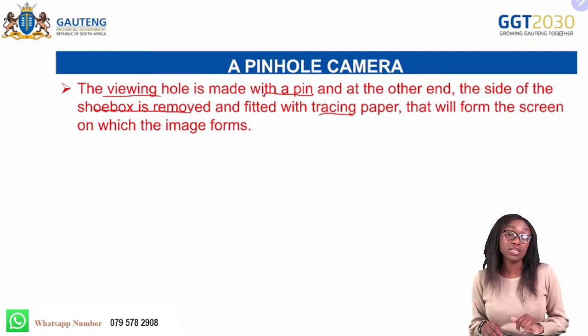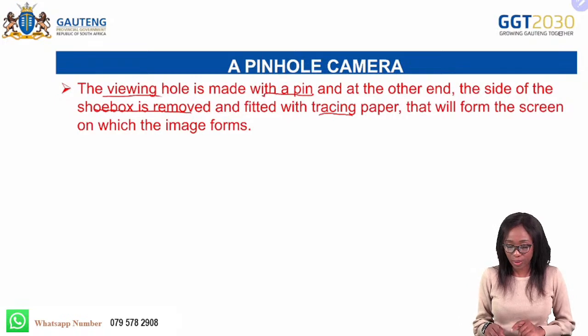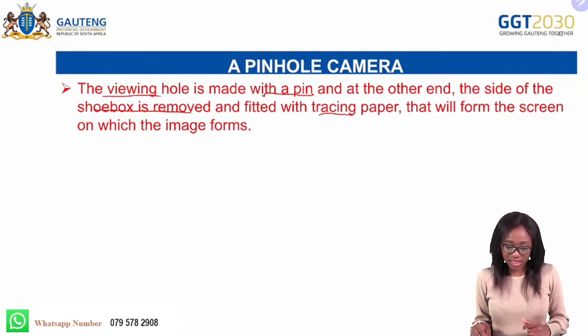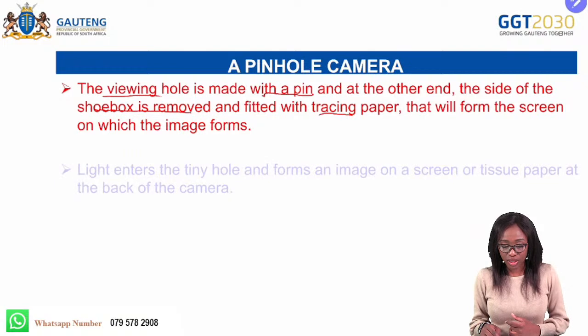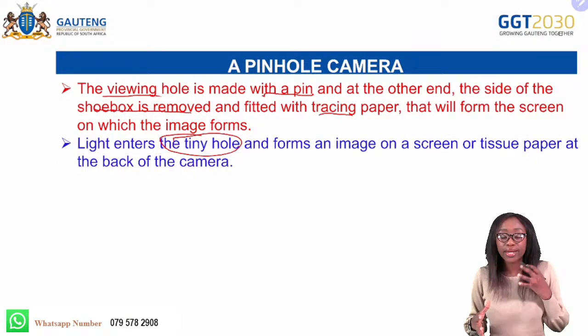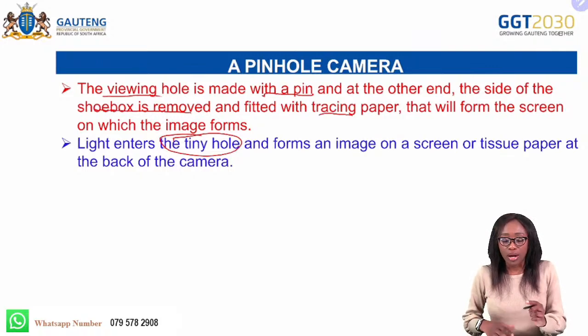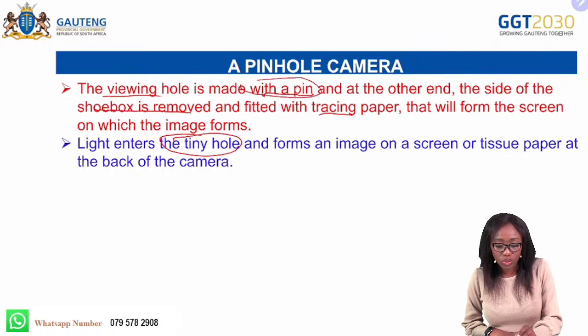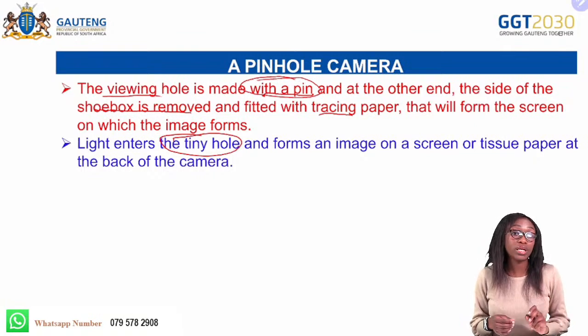If it is fitted with tracing paper, that will form the screen on which the image forms. So light will enter through the tiny hole. Where's the tiny hole coming from? Remember, we made a hole with the pin. So that is where the light is going to come from.